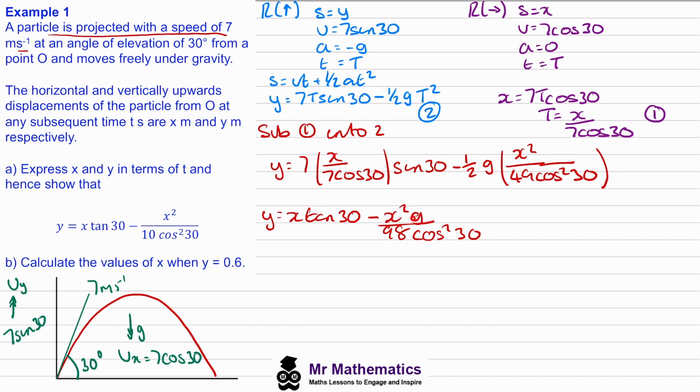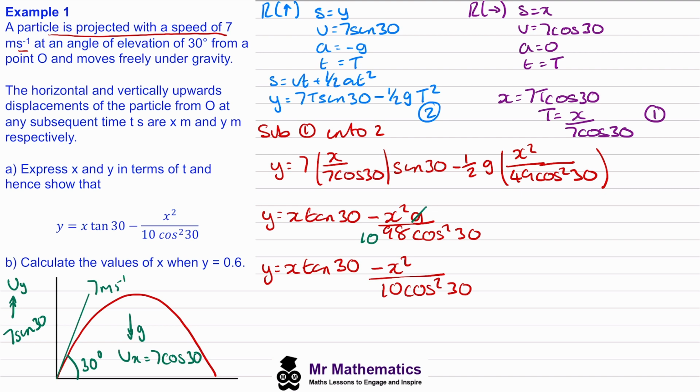And then we know this g is 9.8, so this 9.8 will cancel with this 98. So this will go, and this will become 10. So now we have y will equal x tan 30 minus x squared over 10 cos squared 30.